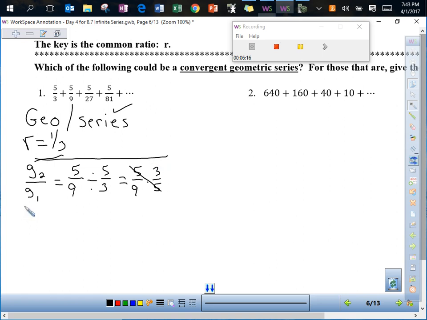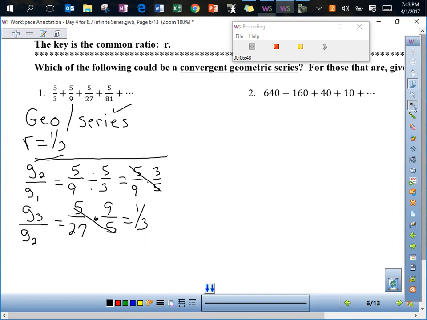Now I'm also going to check g sub 3 divided by g sub 2. So I'm going to take 5/27 divided by 5/9. I'm going to invert and multiply, so I think of that as times 9/5. Once again, notice that I get 1/3. So a couple of ways to get your r value. That's key in the lesson today.